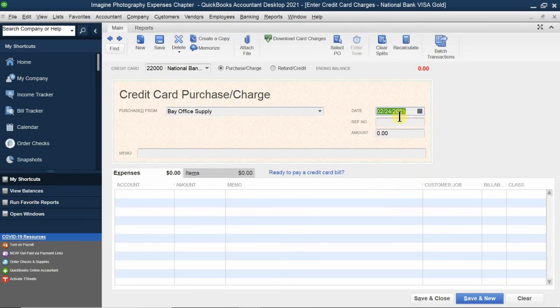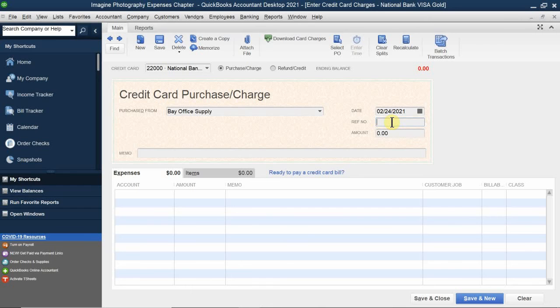Reference number: this could be the receipt number, or the invoice number, the bill that you received and paid for with a credit card. Or it could be your actual credit card transaction number. Where do you get that transaction number? Again, you go to online banking or access the website, and you can find the actual legitimate transaction number for this card transaction.